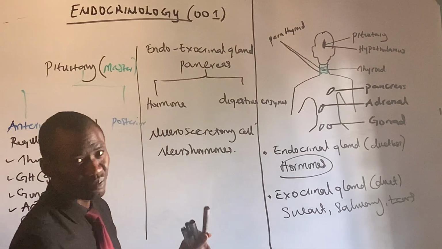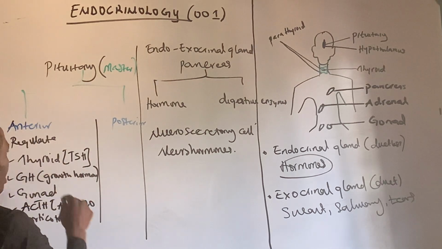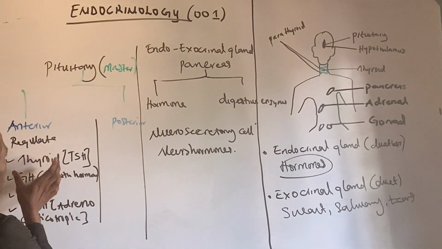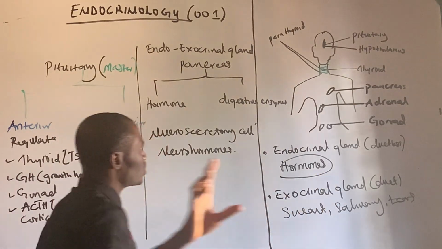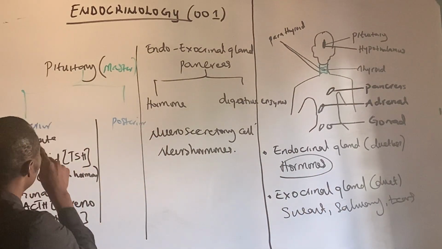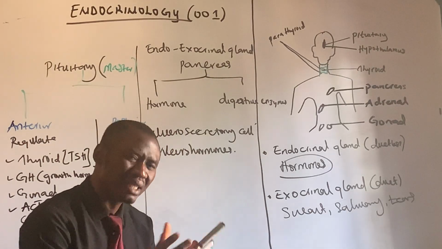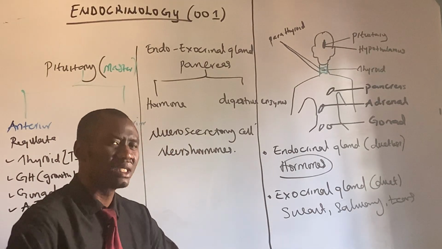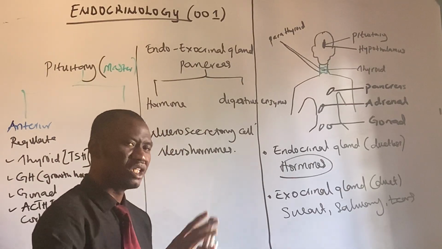Now, we will take it little by little. So what's the function of the thyroid gland? The thyroid gland, which is over here, we're going to get to the function, but understand that the anterior pituitary gland regulates the thyroid gland by producing the TSH, thyroid stimulating hormone.